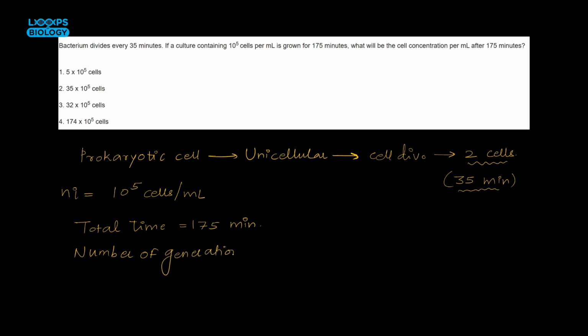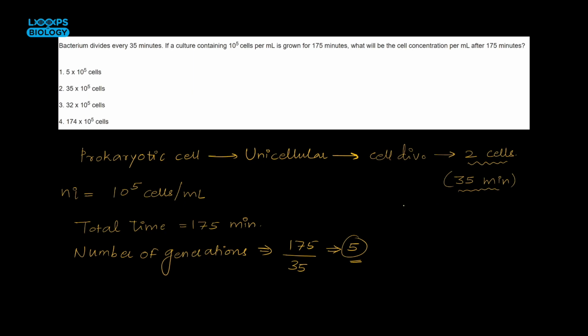That is 175 divided by 35 minutes, which comes to be 5. So there are a total of 5 generations in this case.